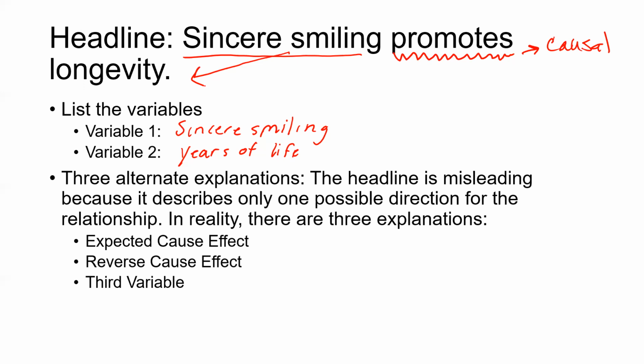And you know, it could be that variable one, which is sincere smiling, causes, and I do this arrow to mean a cause, variable two. I'll just write V2, which is longevity. That could be.